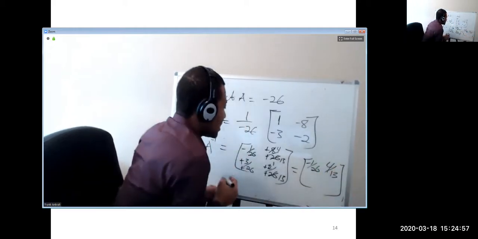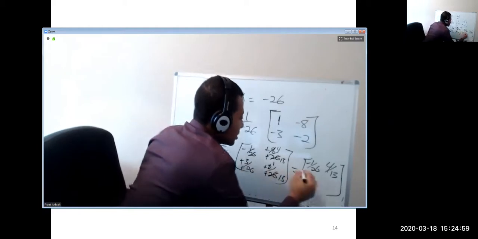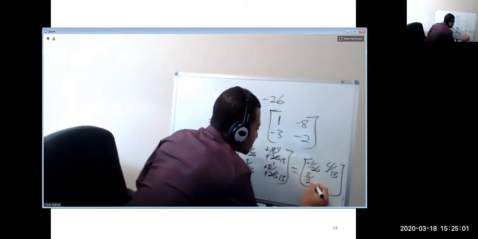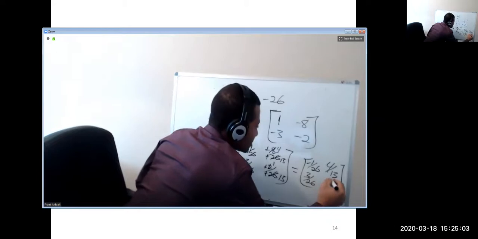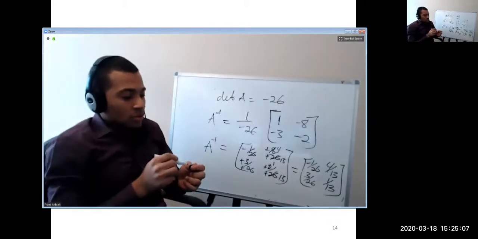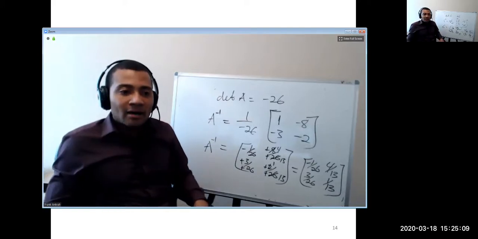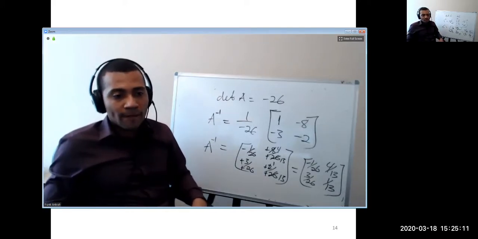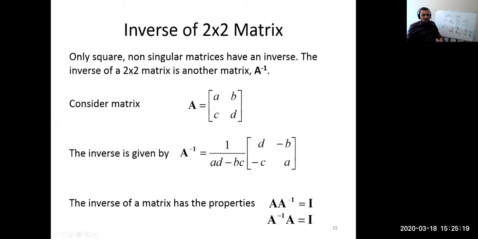And then the last bit we have 3 over 26, which is positive, and this is 1 over 13. So this is going to be our final answer for the calculations we've made.